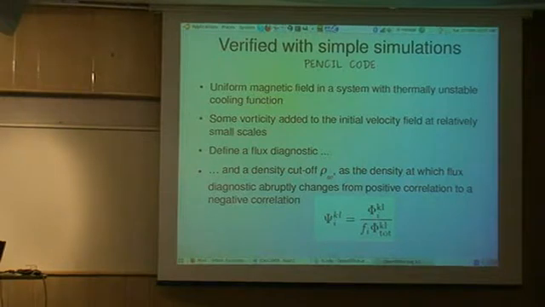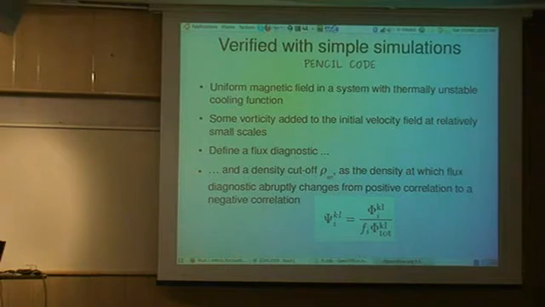Then instead of trying to analyze things with scatter plots of density and magnetic field and trying to correlate them somehow, we went further and defined a flux diagnostic, written down here, where we divide the density field into bins of I. So there are n bins, and this I refers to each bin.